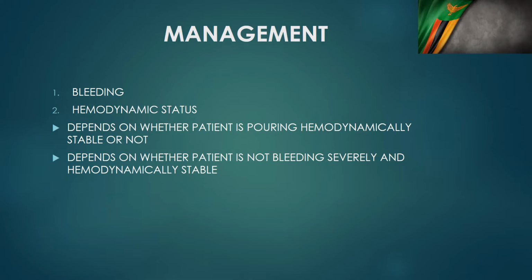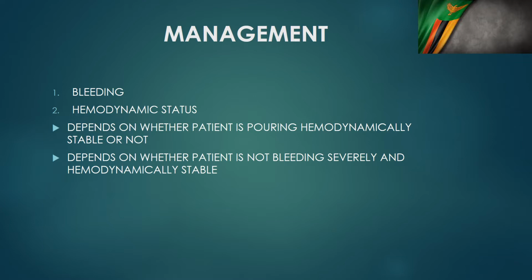So there are so many things that could go wrong in this patient. So we have to have the most experienced surgeon within theater. We have to have the most experienced anesthetist within theater, because of this bleeding. So that's the first thing.